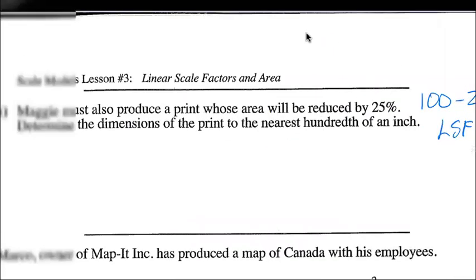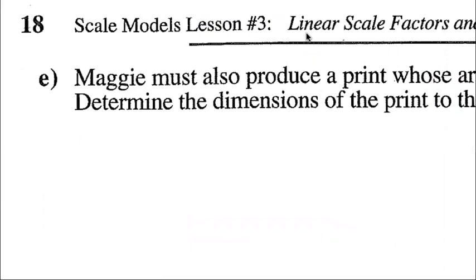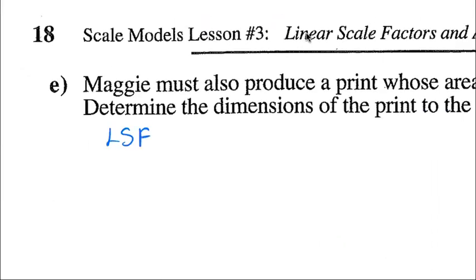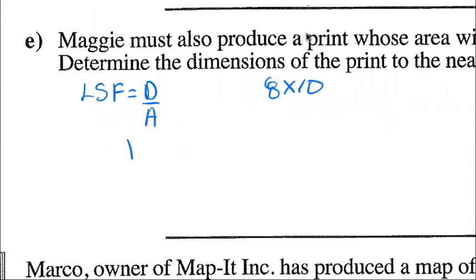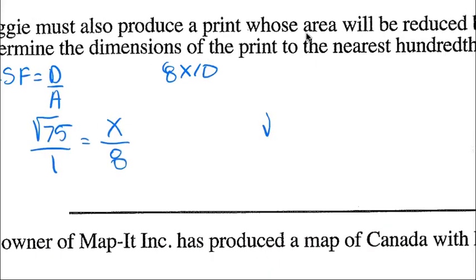That's our linear scale factor, and then we convert our dimensions. Linear scale factor is drawing over actual. We're going to convert our 8 by 10 original. So I go square root of 0.75 over 1 is equal to, what am I going to get when I convert 8? And I do the same calculation for my dimension of 10.